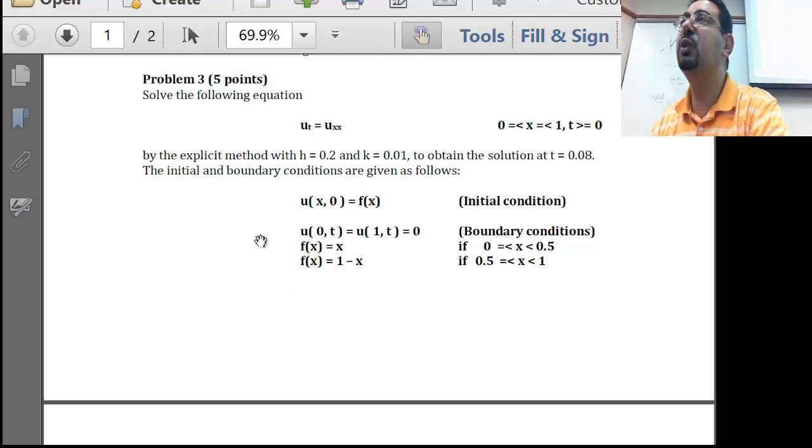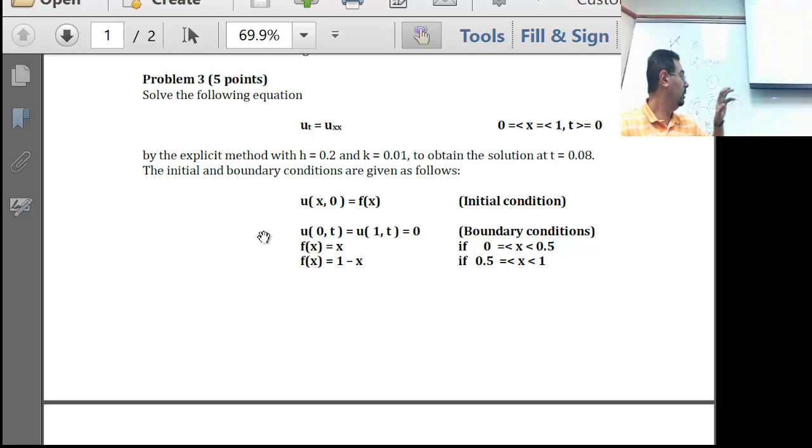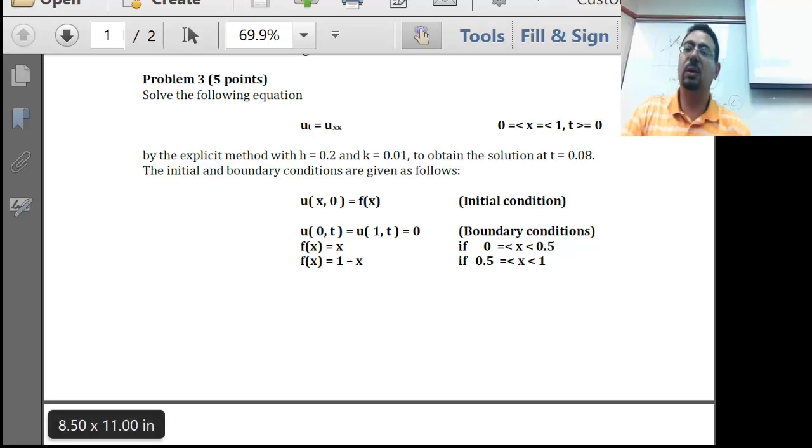So the computational molecule for this problem is 0.25, 0.5, and 0.25. Right?